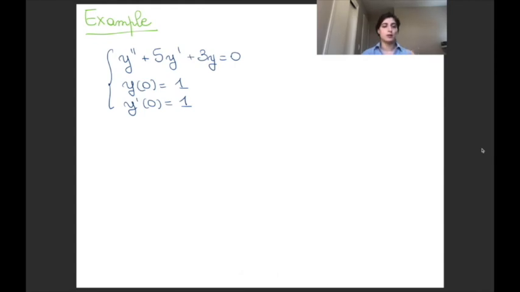Let's go for an example. We have y double prime plus 5y prime plus 3y equals 0, and we want both y and y prime at 0 to be equal to 1. So we assume a form of the solution to be u(t) equals exponential of rt.